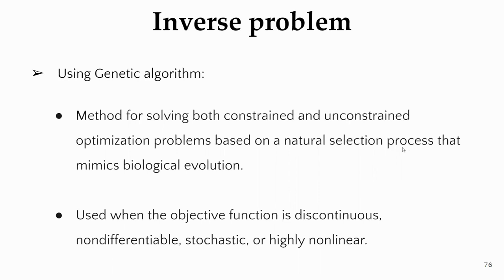That process goes on until it gets an optimized solution. That's the basis. And this genetic algorithm is used when the objective function is discontinuous, non-differentiable, or highly non-linear. In our case, it becomes highly non-linear, so you have to use the genetic algorithm.